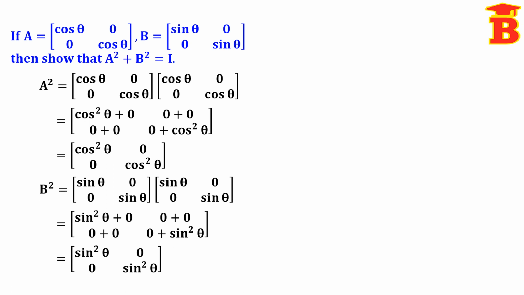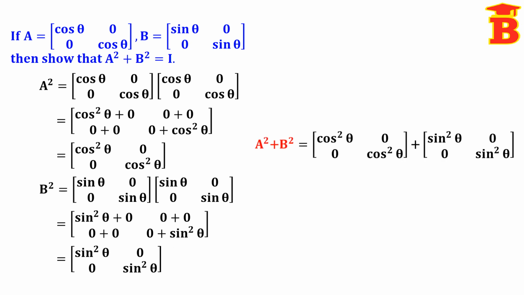Now we have to prove that A square plus B square equals I. So let us find A square plus B square, this is A square, [cos square theta, 0; 0, cos square theta], plus this is B square, [sin square theta, 0; 0, sin square theta]. And we know how to add the two matrices.